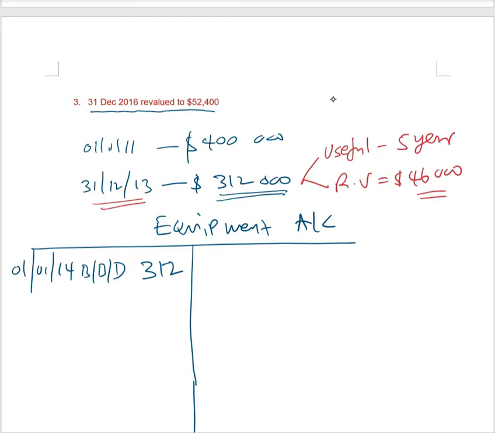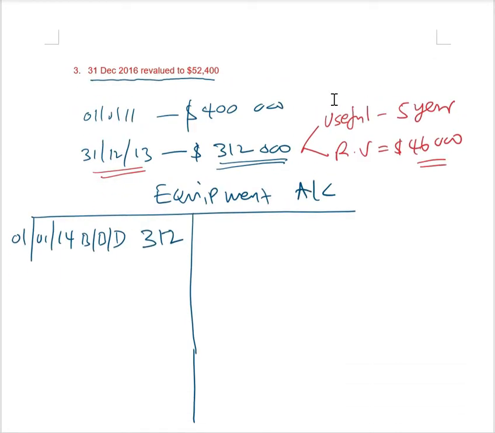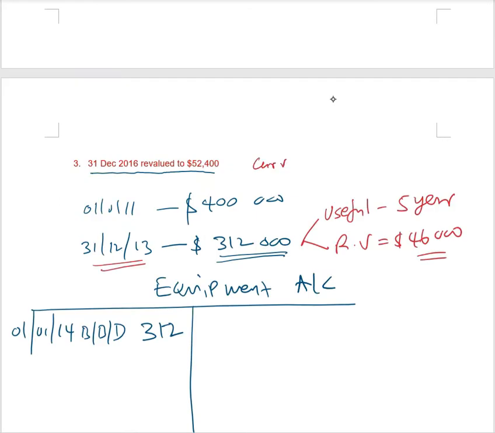Now this was revalued again on 31st December 2016. So therefore we need to provide depreciation. We need to identify the carrying value on 31st December 2016.